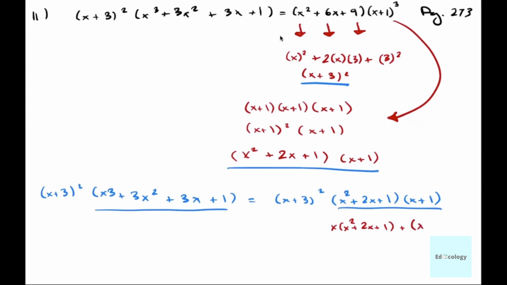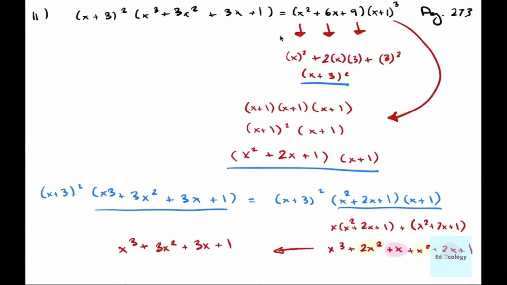Which will be x cubed plus 2x squared plus x plus x squared plus 2x plus 1. And when you simplify, you add the like terms, which are 2x squared and x squared, and x and 2x, which will be x cubed plus 3x squared plus 3x plus 1.